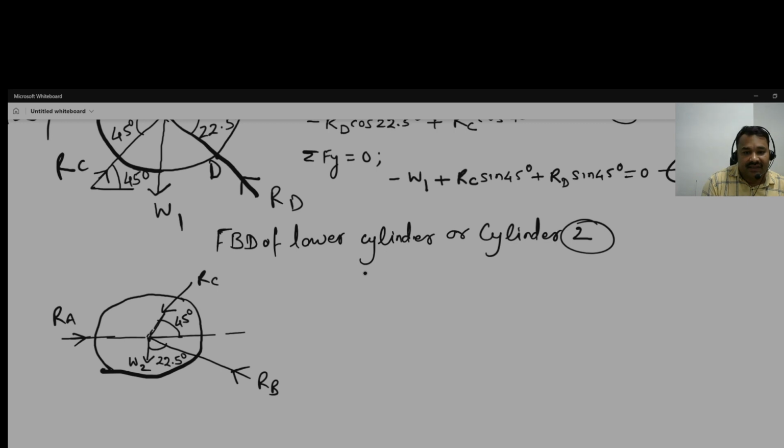Okay, so let us satisfy the equilibrium condition. Summation of Fx is equal to 0.